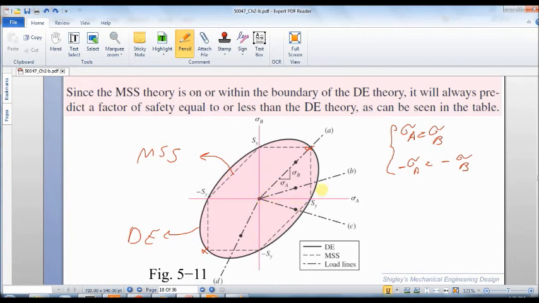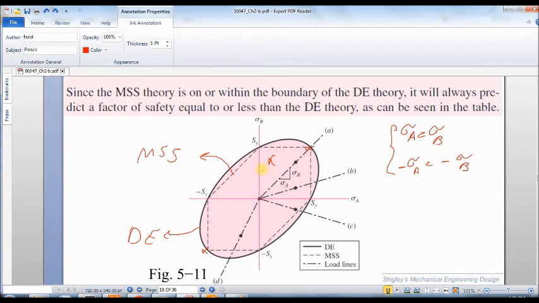Okay, I have to mention that any point inside the region, safety factor is greater than 1. Any point on the region, for example somewhere here, safety factor is equal to 1, and any point outside the region, safety factor is less than 1.